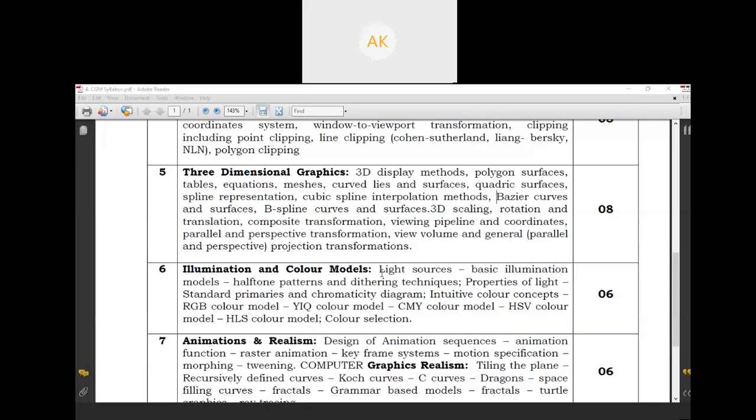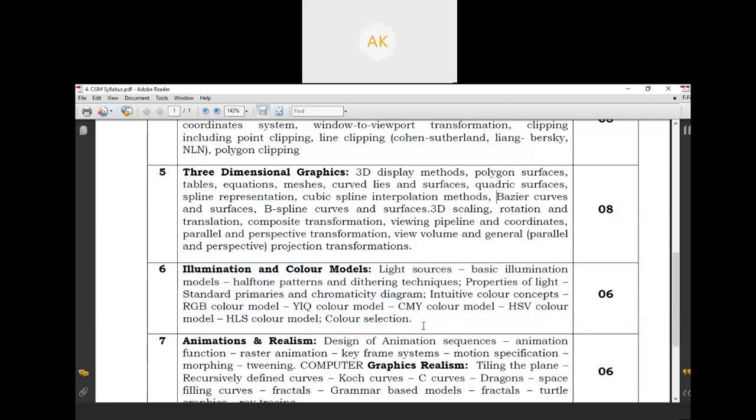In this unit, we will discuss light sources, different kinds of light sources, what the properties of light sources are, the chromaticity diagram, intuitive color concepts, different color models: RGB color model, YIQ color model, CMY color model, HSV color model, HLS color model, and different color selection processes.